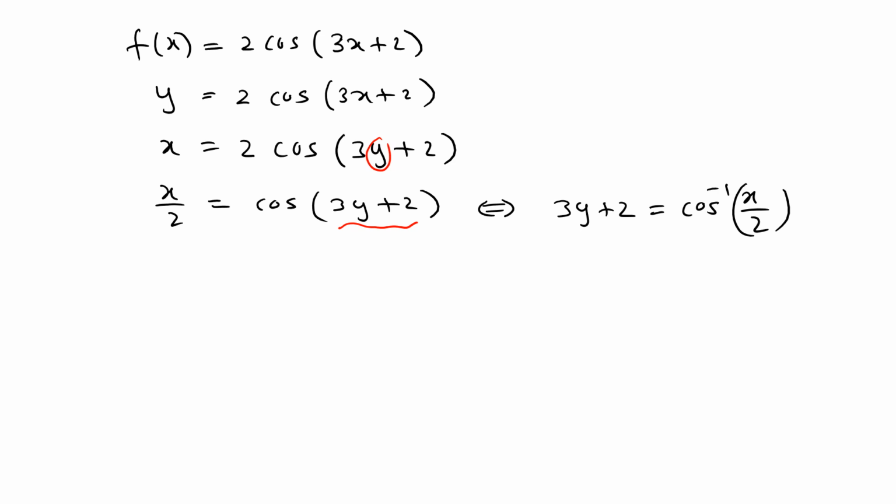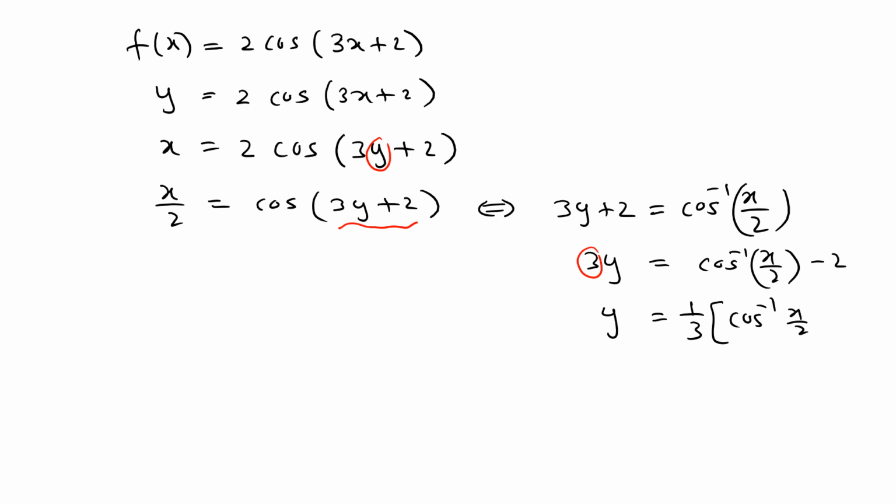We subtract 2 from both sides, so 3y equals cosine inverse of x over 2 minus 2, and then we divide by 3 to remove the 3. So y equals 1/3 times (cosine inverse of x over 2 minus 2). That is the inverse function.